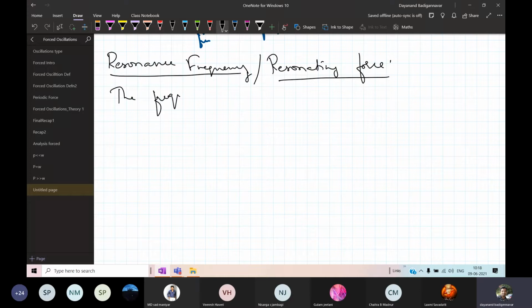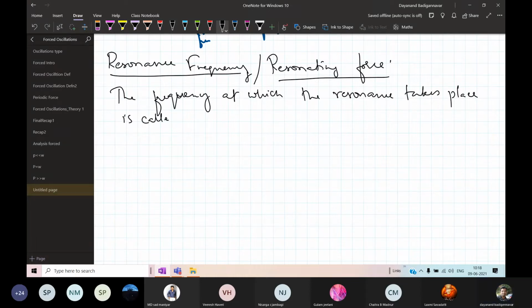The frequency at which the resonance takes place is called a resonance frequency. This is also true for angular frequency.